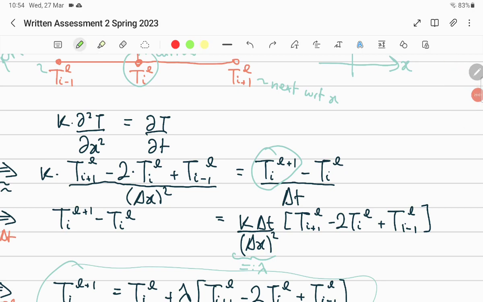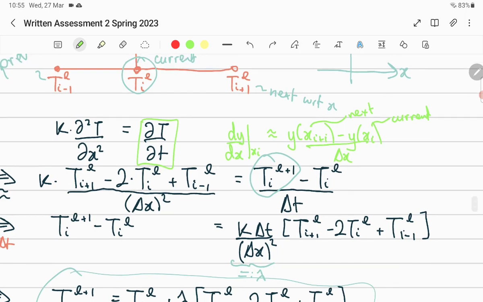You can approximate a first derivative: the formula is basically that dy/dx at a certain point x_i is approximately y of x_i plus 1 minus y of x_i, over delta x. This here is the next, and this here is the current because it's at x_i. Okay, so this is what we're doing here.